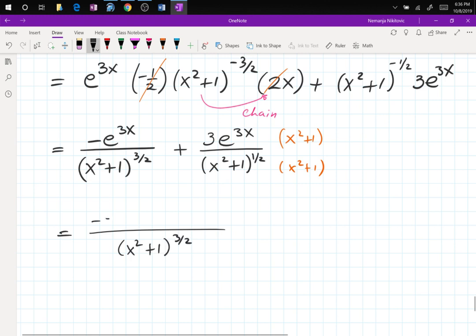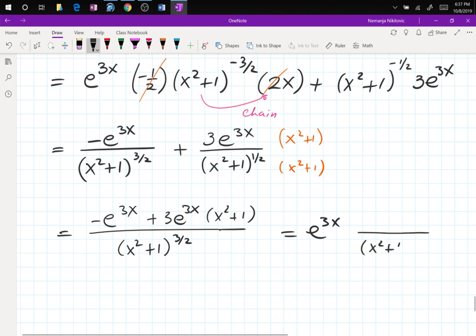And then we have negative e to the 3x plus 3e to the 3x times x squared plus 1. And we can factor out e to the 3x, which leaves us, copy the denominator, 3 halves, which leaves us in the numerator with 3x squared plus 3 minus 1, so plus 2.